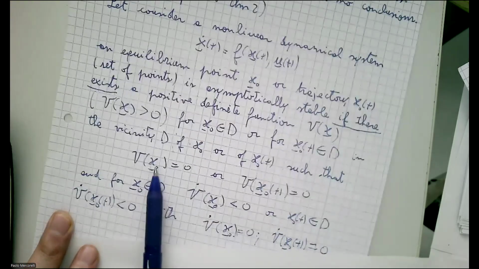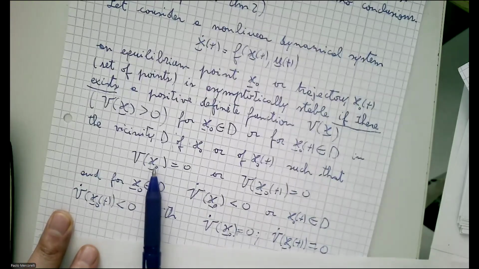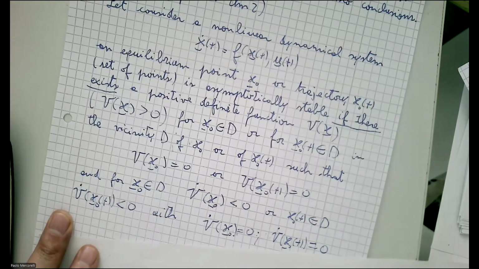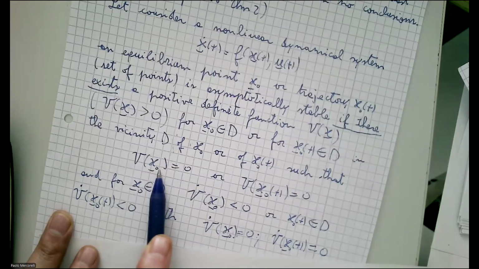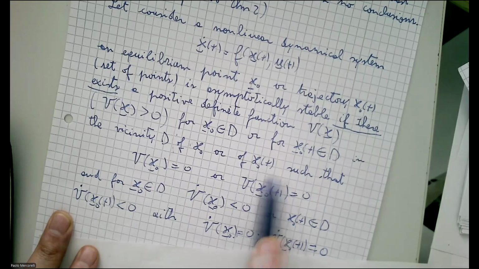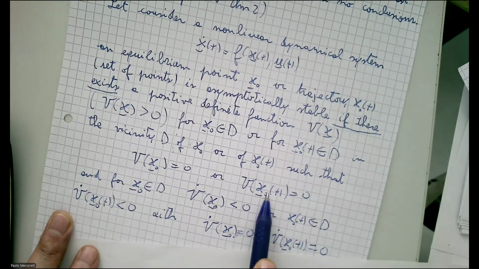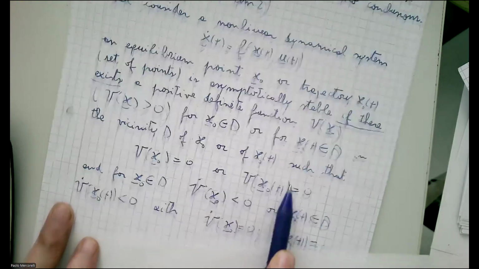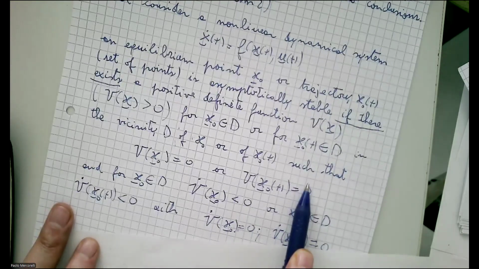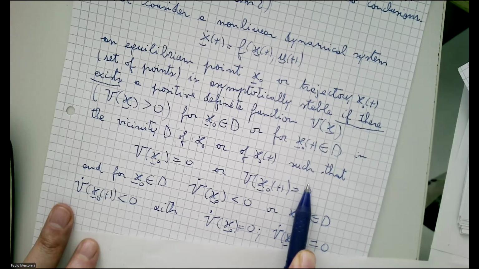It can be a point which I want as a desired equilibrium point, not necessarily the natural equilibrium point, or a trajectory. We will come back to the application, but we have seen this two or three times in this lecture.